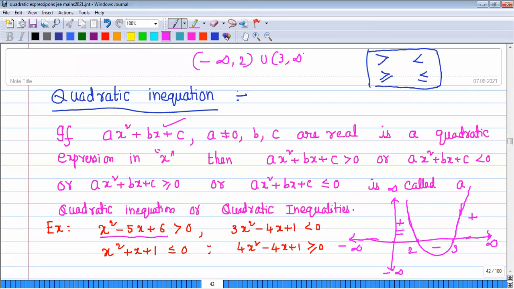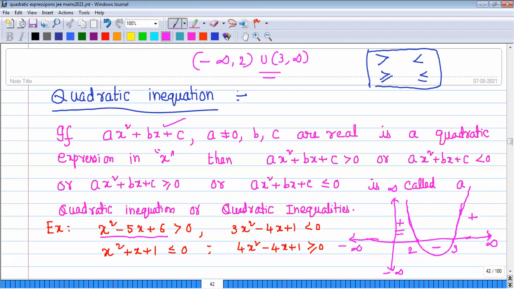Now tell me, how many solutions are there for this one? Not 2 solutions. Infinite number of solutions. How many real numbers are there from minus infinity to 2? They are not countable.